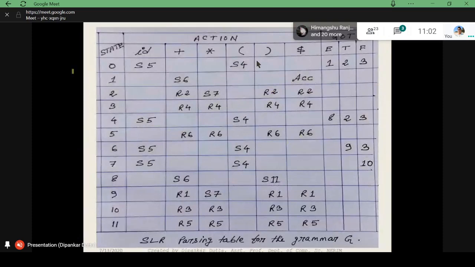This table is known as capital M. These 0, 1, 2, 3 are the I values, the state or I values. And these are the small a values.